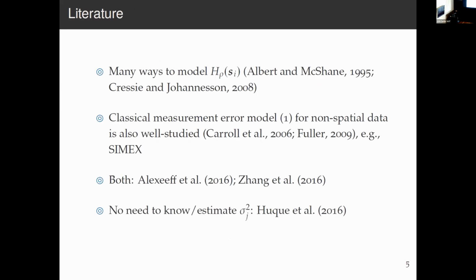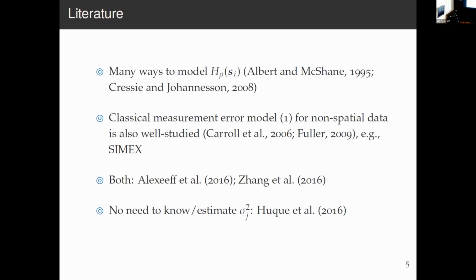So let me talk a bit about the literature that has been considered for this kind of problem. In the literature, there have been several ways introduced to model the spatial correlation that's governed by H of rho.